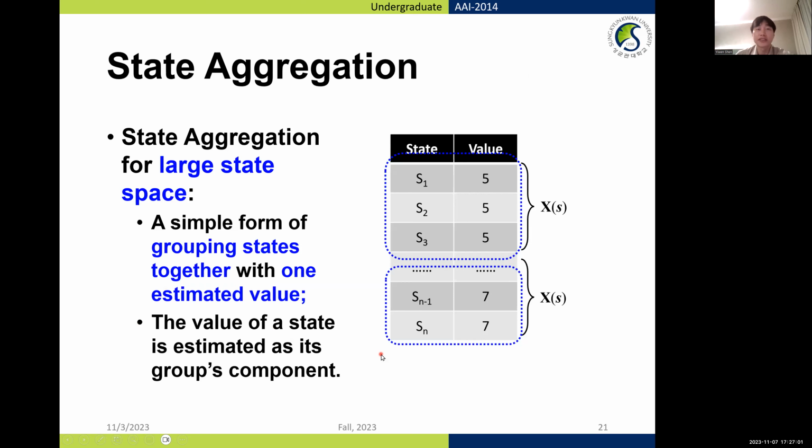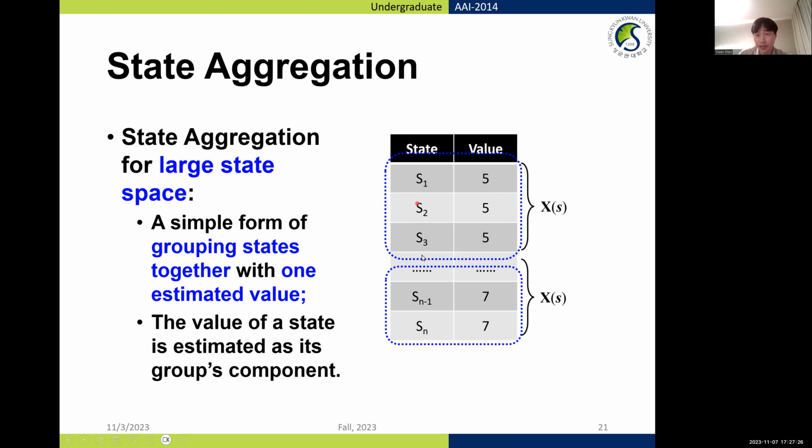Now state aggregation. Since we are considering a large state space, sometimes we may group states together for updating instead of treating each state individually. This may save memory or speed up the learning process.